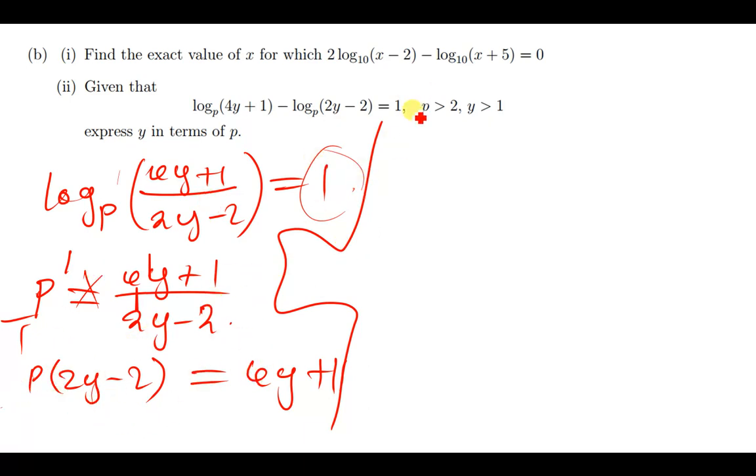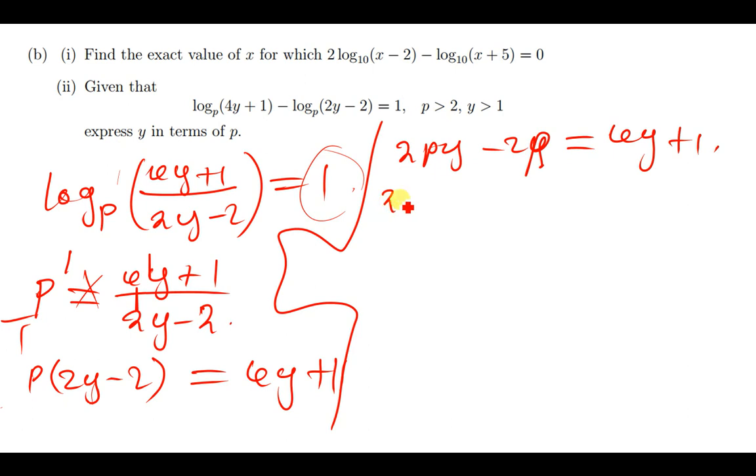When you multiply through this side, we have 2py minus 2y minus 2p is equal to 4y plus 1. We put all the terms that have y on one side, then the rest on the other side.